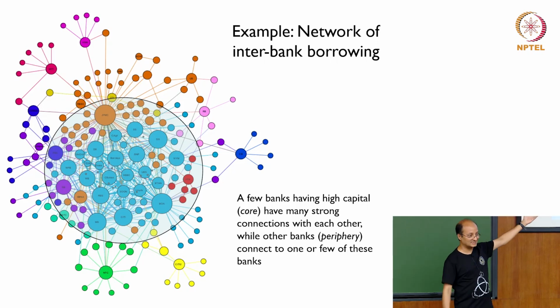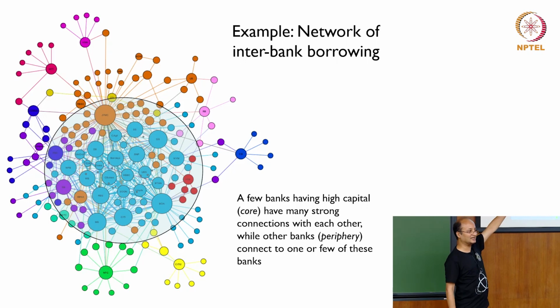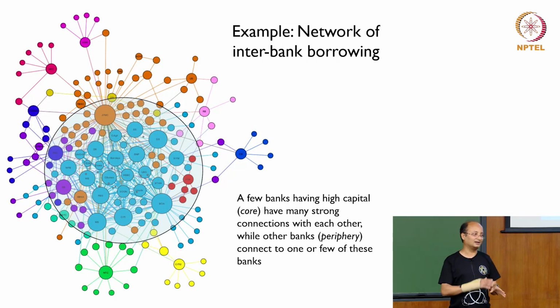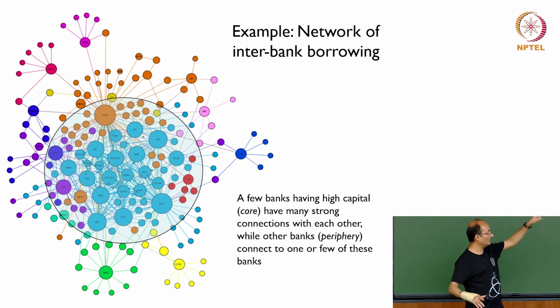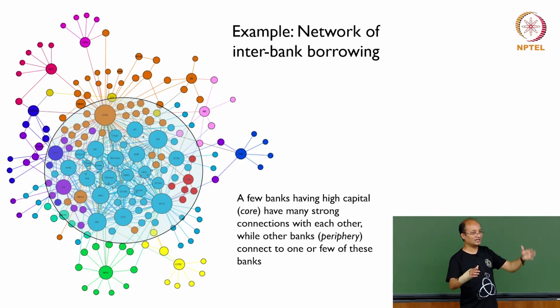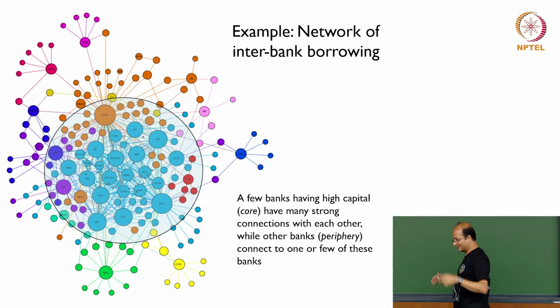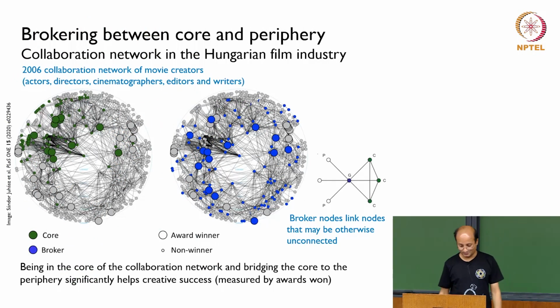And so the policy decision that could be taken is, instead of a centrality tax, a core membership tax on the core banks, where they are forced to pay the regulatory authority some money owing to their position in the network, which can be used as a reserve to bail out banks in the event of a systemic failure. Okay. So this is one of the practical things you can do with core-periphery.